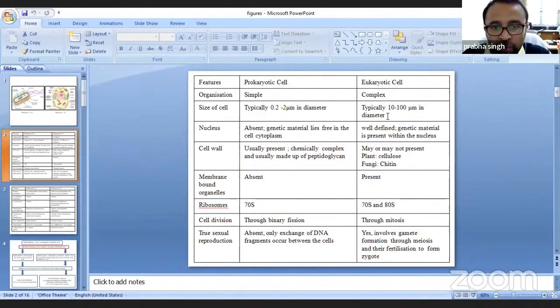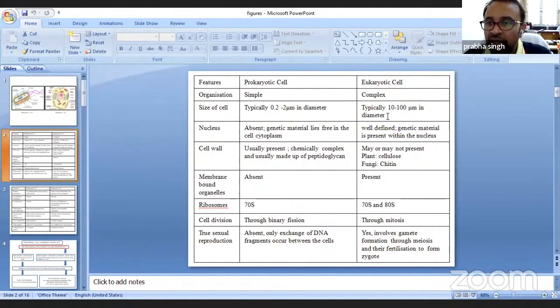Okay? True sexual reproduction is also absent in the case of prokaryotic cell. They have only exchange of DNA fragments. Exchange of DNA fragments occurs either through the process of conjugation or through transformation or transduction, which is mediated by viruses.